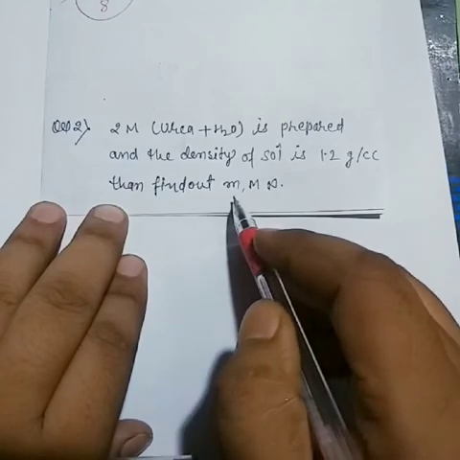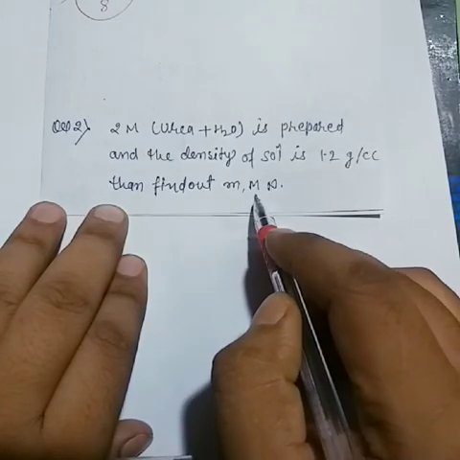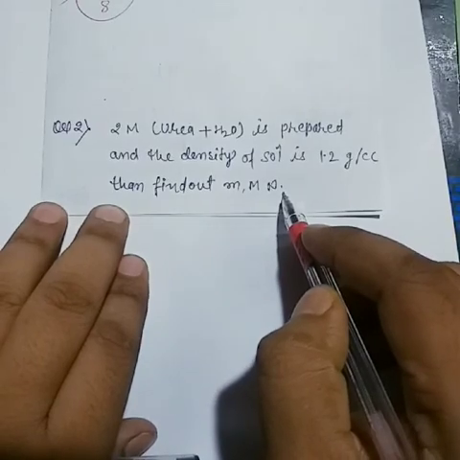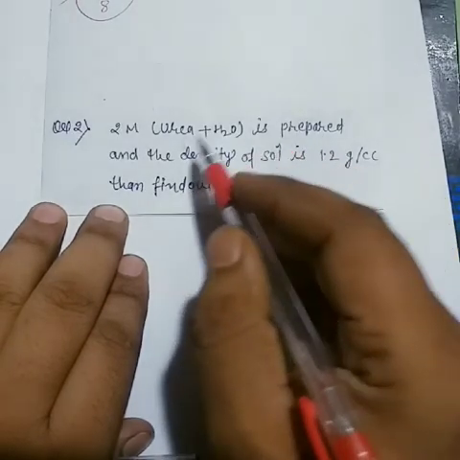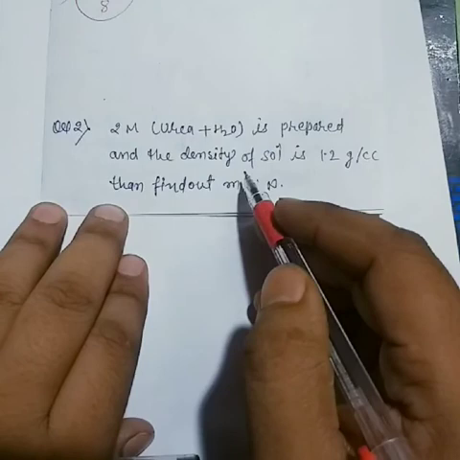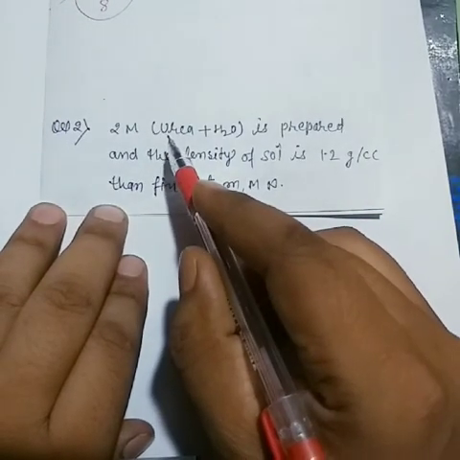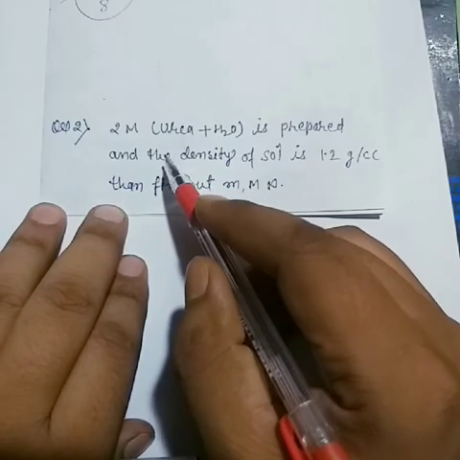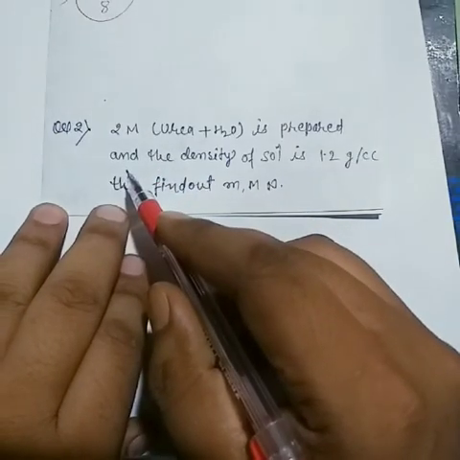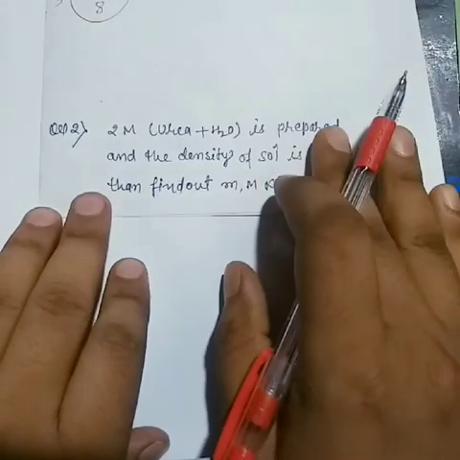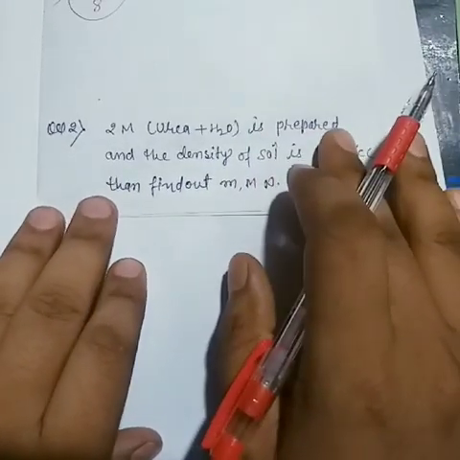Then find out molality and normality. Can you guess what is being asked? Here it is very simple, but I changed one thing, and you can find what the change is and how it is different from the first question. So here it is a very important question, a test yourself question.